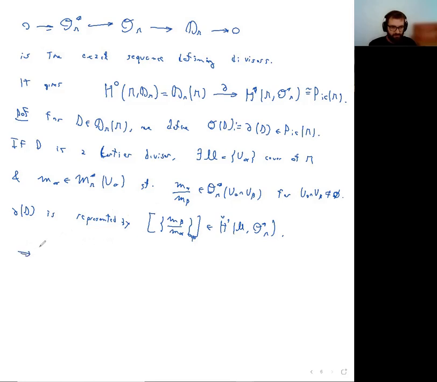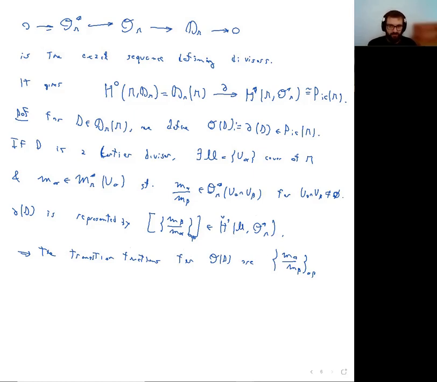And this means that the transition functions for this bundle O of D are m_alpha over m_beta. Because remember, again, the isomorphism between the Picard group and this cohomology group takes the inverse of the maps.